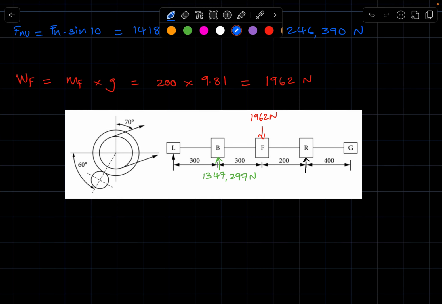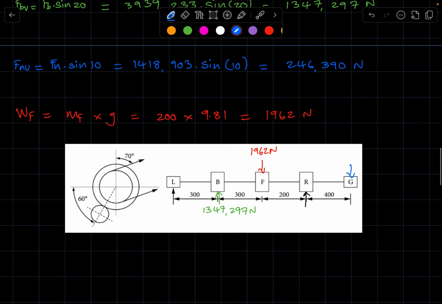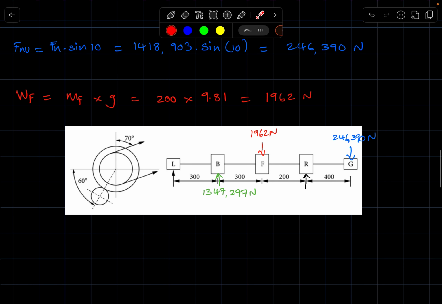So we say that you have a force acting downward here, which is this 246,390 newtons. So as far as the forces acting parallel to the vertical plane, these are all the forces. Now we can take moments.